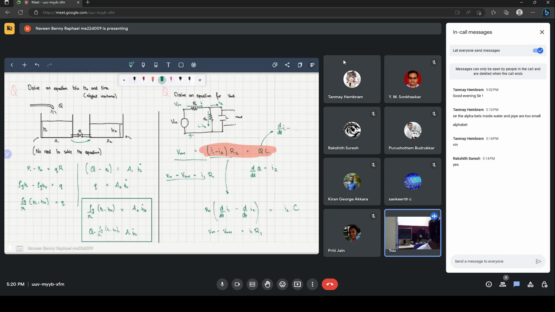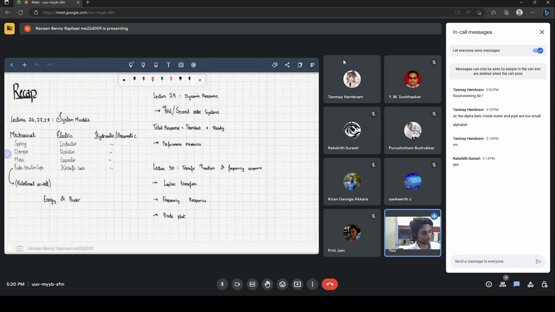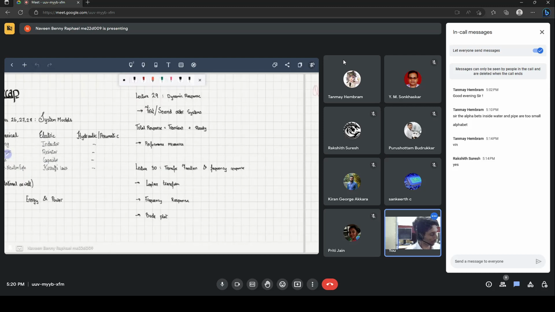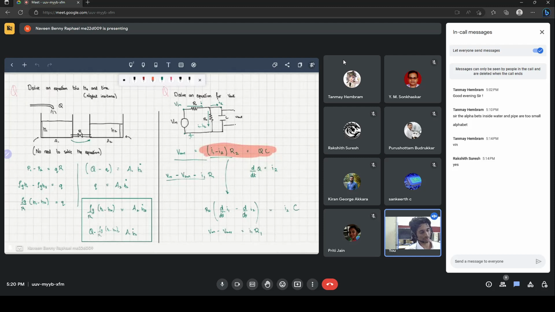Derivative of I2 is d by dt of I2. Resistance is a constant, and likewise the derivative on the right side of the equation is I2 into C. So that is how you can note that the point of these exercises is to just form the equations. We have learned how to solve it in lecture 29, and when I'm going through that lecture 29 part, we'll see how to solve these kinds of equations.